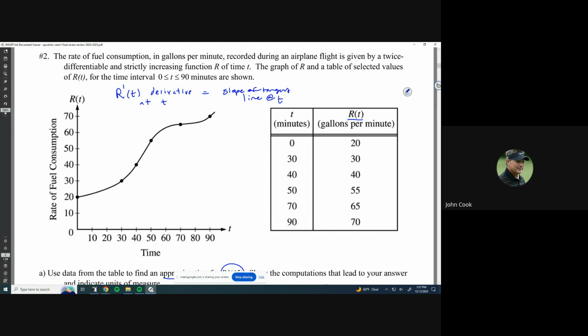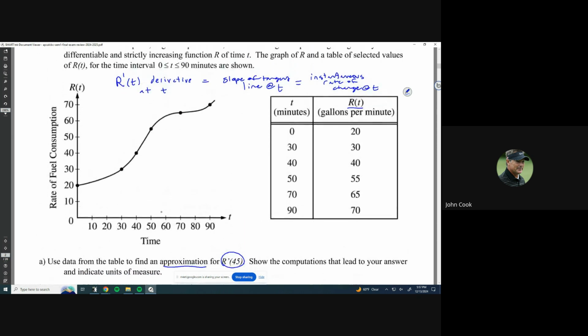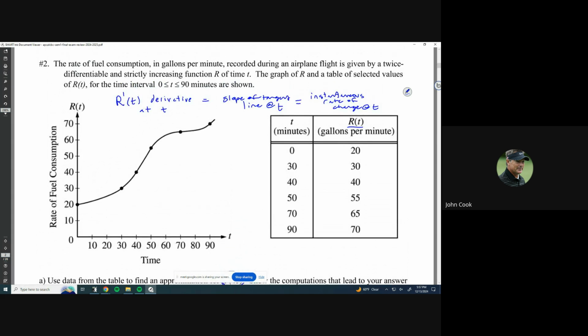And the derivative is the slope of the tangent line, and it's also the same thing as the instantaneous rate of change at some time t, okay? So if they're asking for an approximation of the derivative, I can just approximate any of these things, approximate the slope. So that's what I'm going to do. I'm going to approximate the slope.